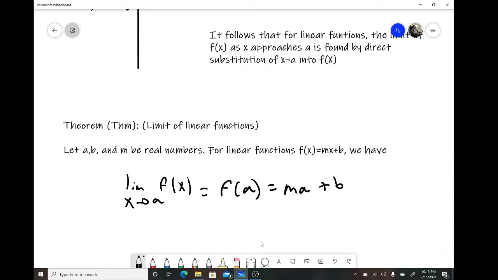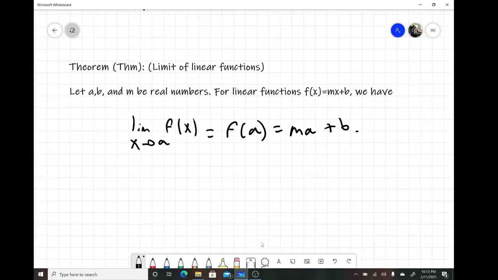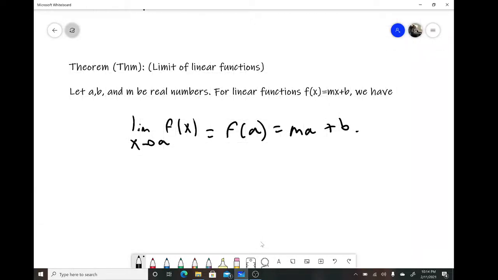And this should not come as a surprise, because this is just a direct application of the definition of a linear function. We have the limit as x goes to a of f of x. We're taking this value that we're limiting to, and plugging it in for f.